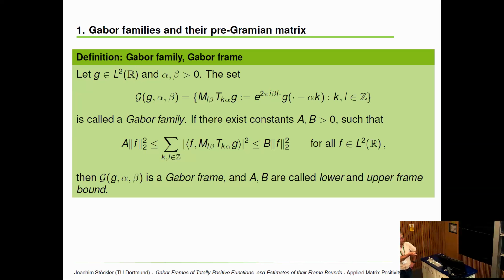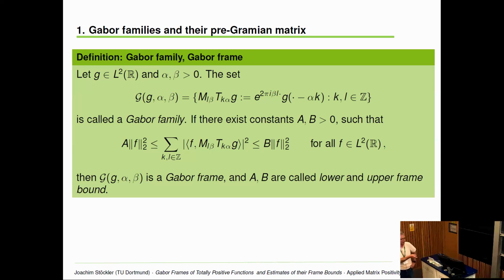The family of all these functions gives an equivalent norm in terms of the coefficients of f, or the inner products of f with respect to all these functions in my Gabor family. So here I have a discrete sequence, double indexed by k and l, and its little l2 norm should be equivalent to the capital L2 norm of f in L2.